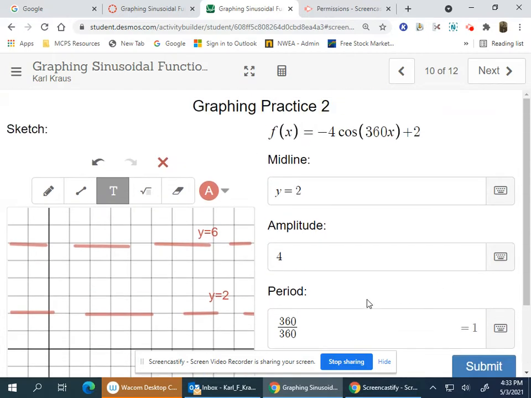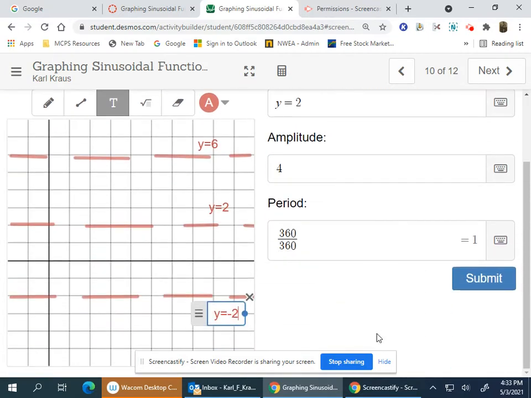All right. So since my period is only 1, I can go by a fourth here.